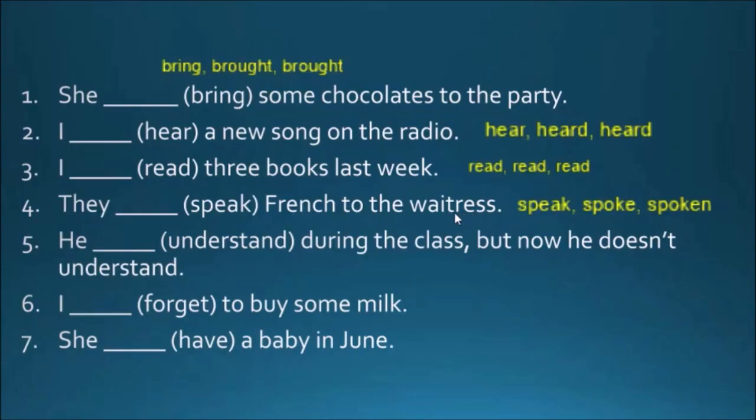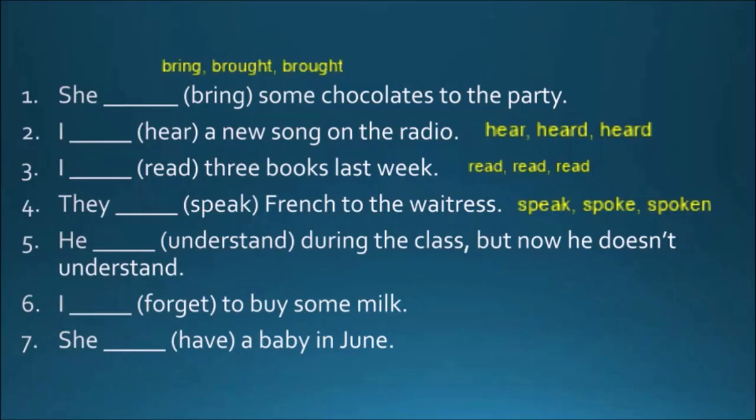So what is a waitress? Let's just check that before we move on. A waitress is a person who takes your order and brings your food in a restaurant. A waitress is a female. A waiter is male. Let's go on to question 5.